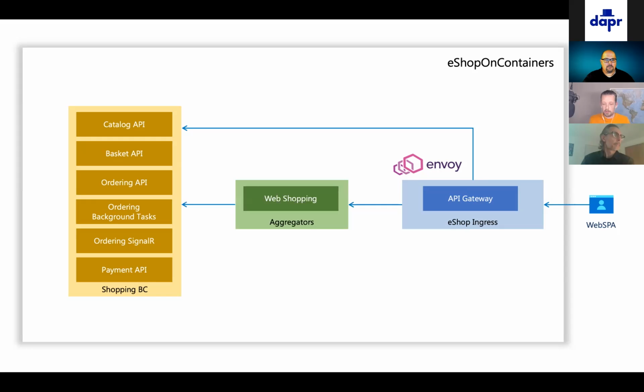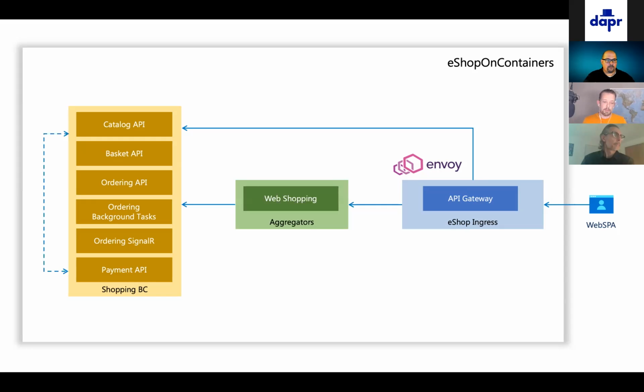Those calls are routed through a web shopping aggregator service, which is just another .NET service which can make multiple calls to backend services. So for example, if you update your shopping basket, then the aggregator service first goes to the catalog API to get all the current prices, and then it goes to the basket API to actually store the latest version of your shopping basket.